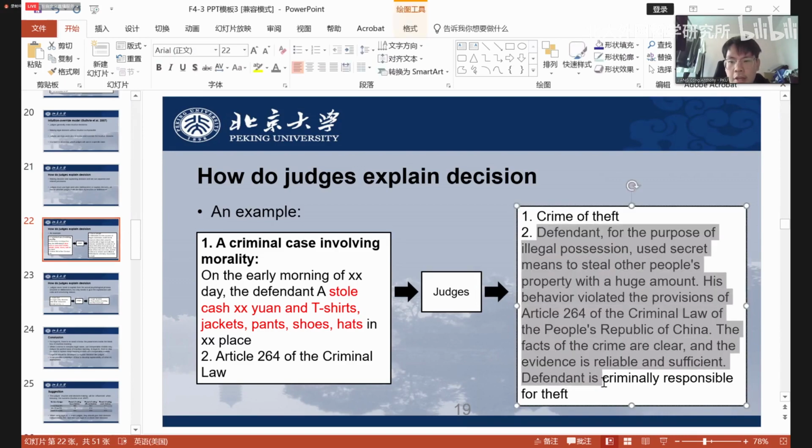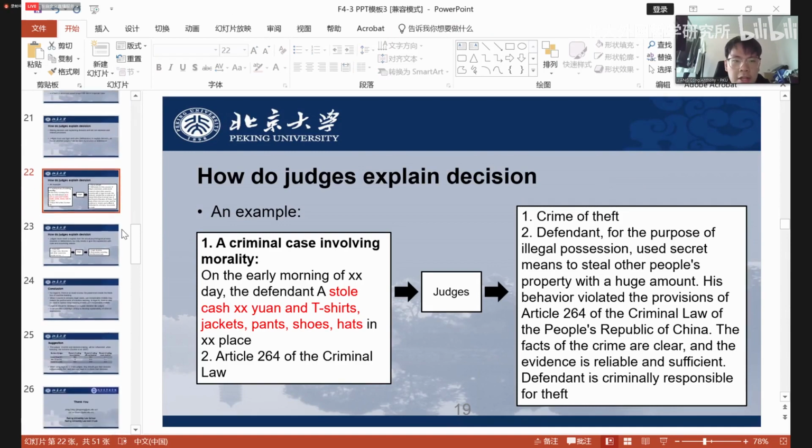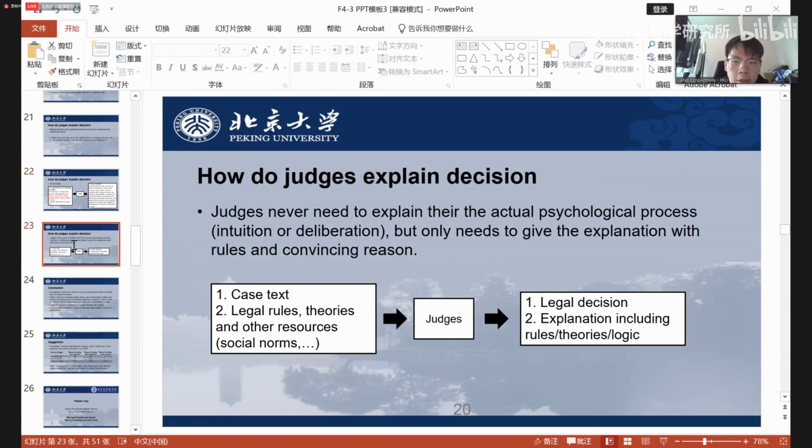On the right side, the judge doesn't need to express his process in mind. He just needs to use a rule and logic to prove that the decision was right. So we can conclude that judges never need to explain their actual psychological process, but only need to give explanations with rules and convincing reasons.